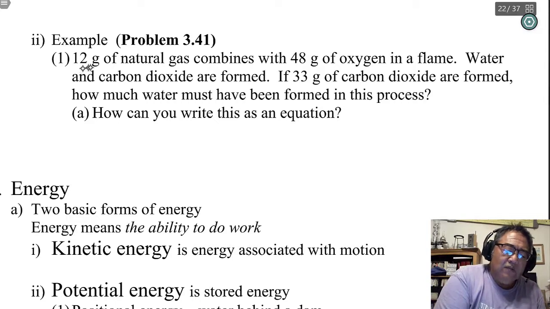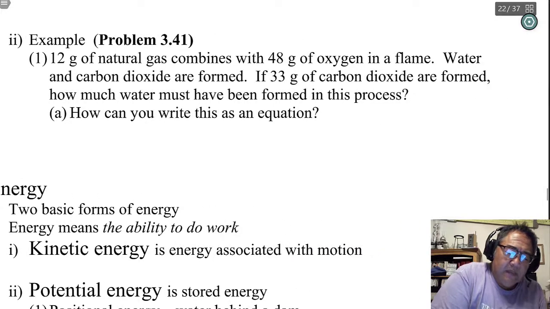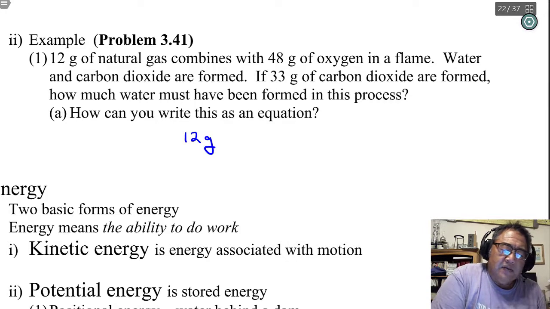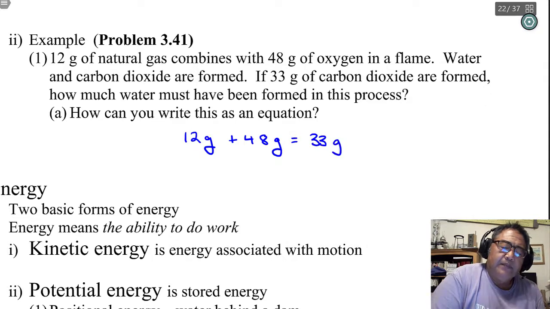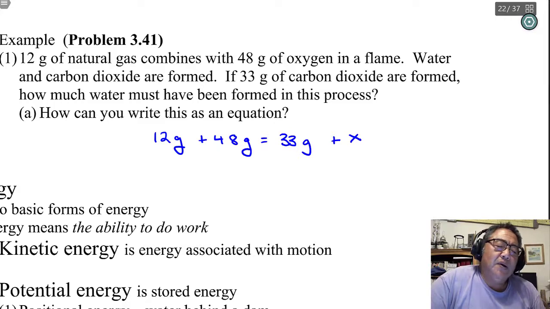So we know that 12 grams of natural gas combines with 48 grams of oxygen in a flame, and 33 grams of carbon dioxide are formed. How much water must have been formed in this process? So this is what we're solving for, the unknown, right?